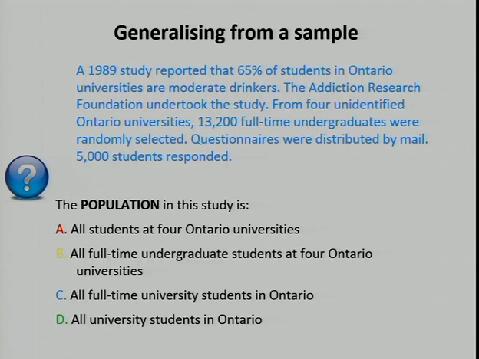And population is going to be what? Of those, so all students of those 4 universities, all students in Ontario, all students in the world. What is it going to be? D? Yeah? So all university students in Ontario.